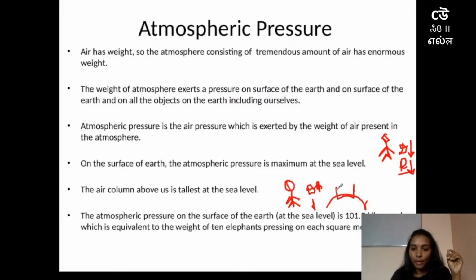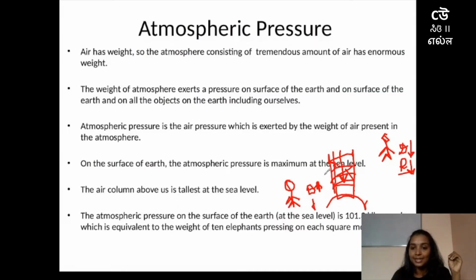Above this unit area, whatever atmospheric layers are present will be exerting pressure, and the pressure exerted by these atmospheric layers on this unit area is considered as the air column above.